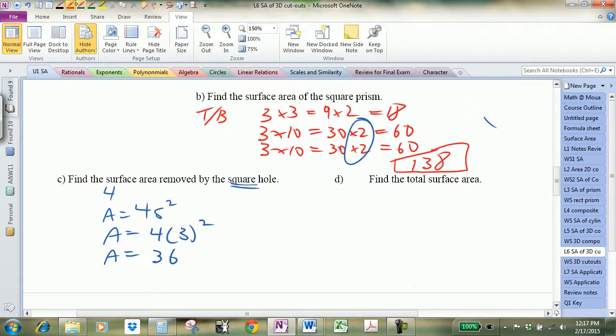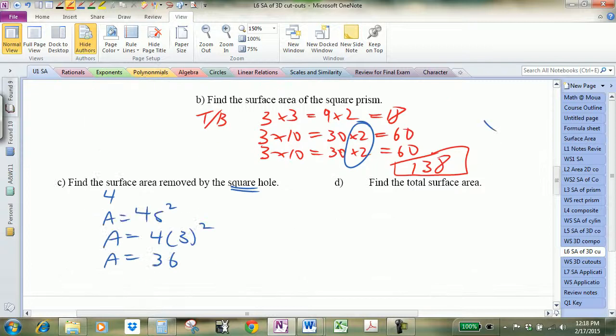So total surface area, add your two shapes, 192 times pi plus 138 minus 36. Go ahead, use your calculator, see what you get. Make sure you enter in 192 times pi.